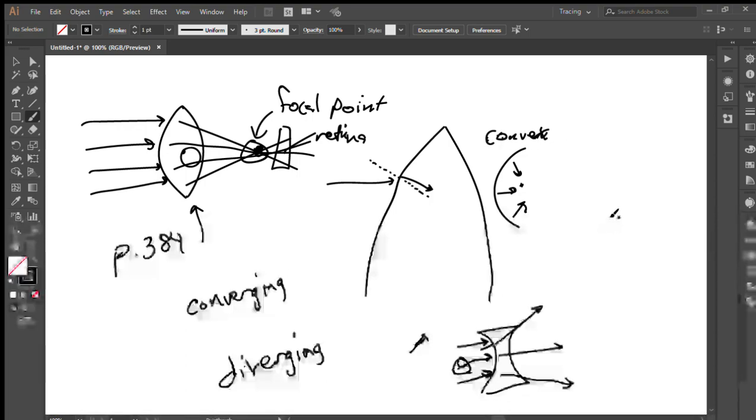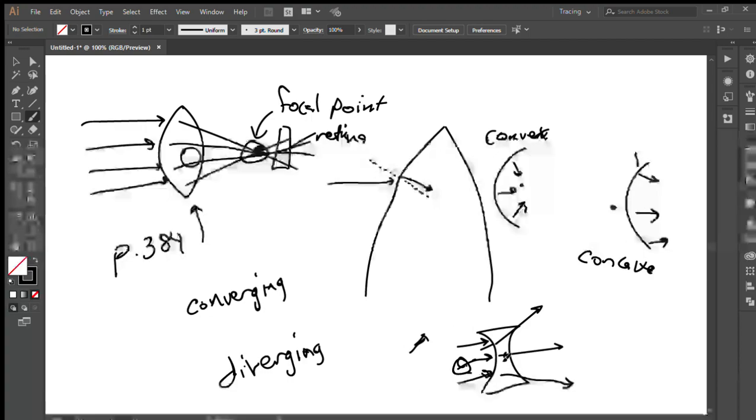Anything that bends away from the center, so this is the center now, it's bending away from it, is called concave. A converging lens has convex bends to it. A diverging lens has concave bends to it.